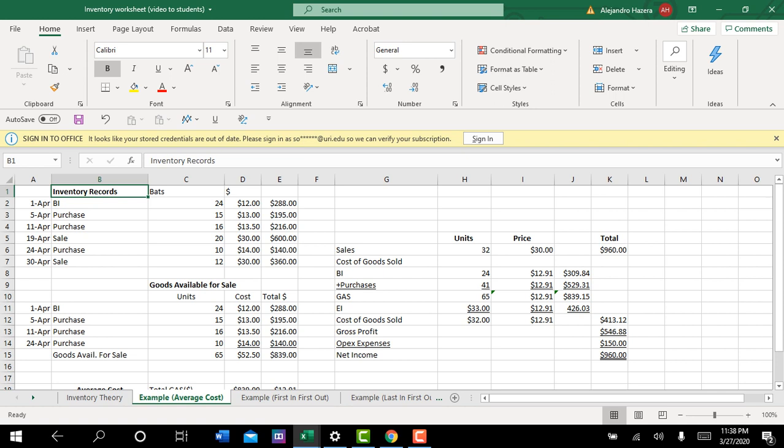So let's say that our inventory records of baseball bats are that on April 1 of this year, our beginning inventory was 24 units. Keep in mind that I'm using the same data. I'm recreating the same thing for you. Our beginning inventory was 24 bats, and let's say that there's a bit of inflation, so we had purchased those bats at $12 each, and so here's the cost.